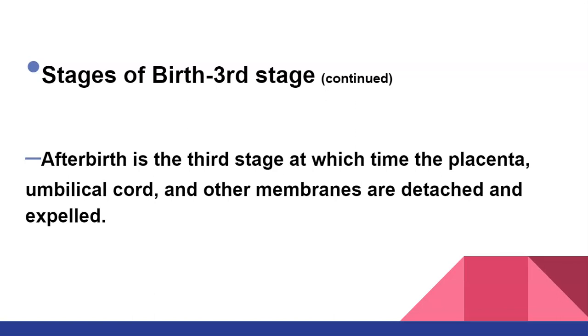So that's why a lot of times when you see movies, they'll ask the parents, do you want to cut the umbilical cord? The child no longer needs the umbilical cord and the placenta to gain nutrients. Now the mother is going to provide nutrients, whether that is breastfeeding or using formula milk. But that is important because the afterbirth has to come out, because there is no longer a function for the afterbirth.